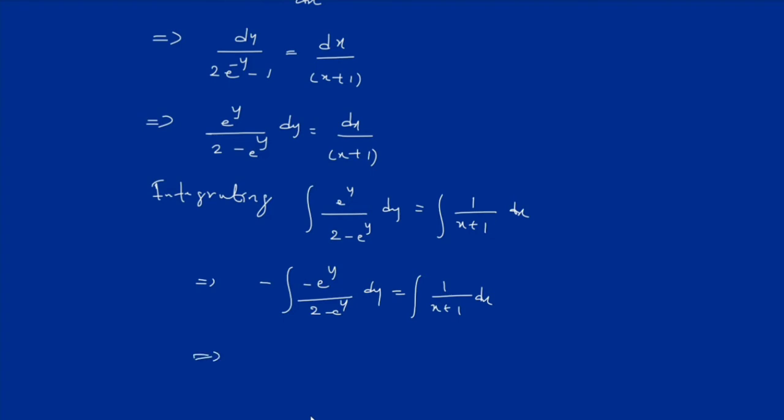So directly we can write minus as it is. In the denominator, 2 is a constant term, so its derivative is 0, and minus e to the power of y gives minus e to the power of y.